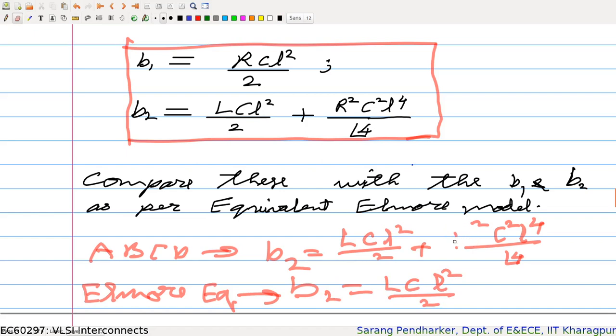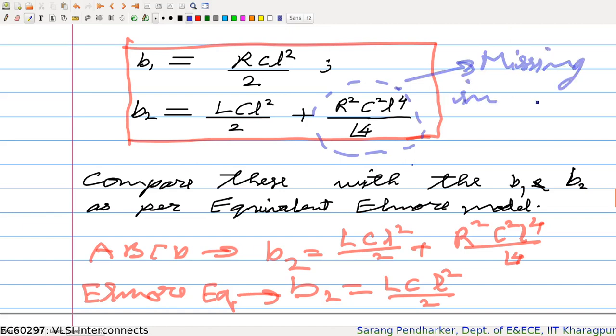So this term, which is missing in the equivalent Elmore model, is the error in the previous method, right? So this is missing in the equivalent model.